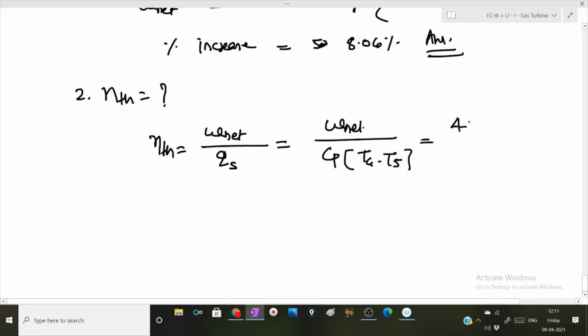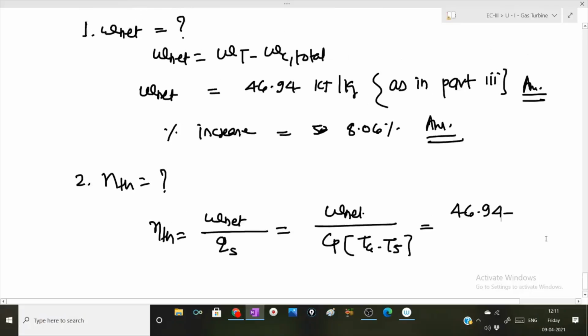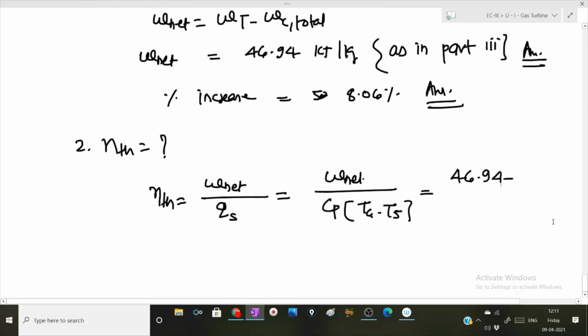W net is 46.94 and Cp will be 0.24 into (1000 minus 673).